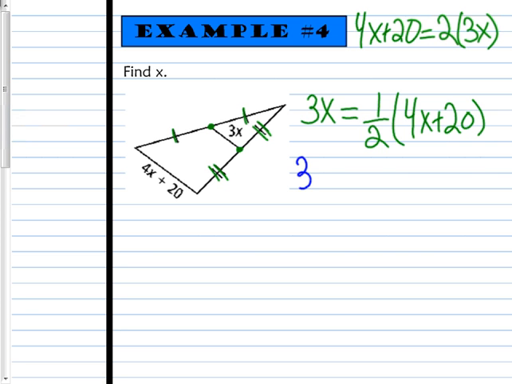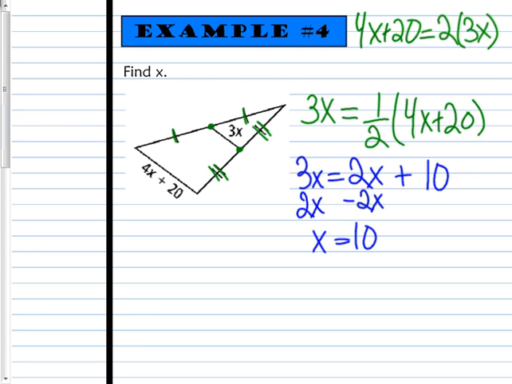But 3x equals what's 4 divided by 2? 2x. And then what's 20 divided by 2? 10. So 3x equals 2x plus 10. Going to subtract 2x from both sides to get x by itself. X equals 10. Voila, there we are.